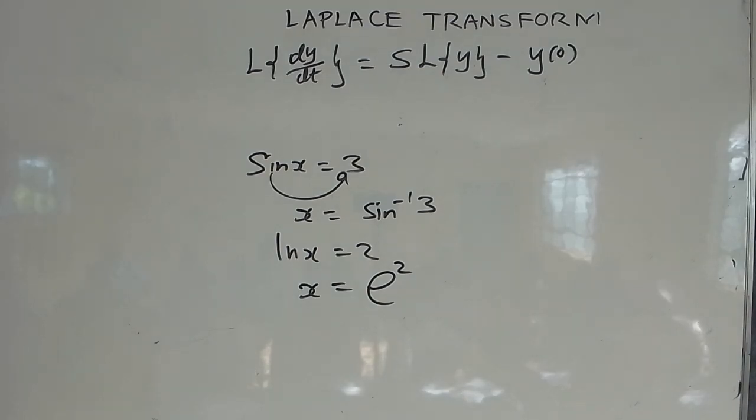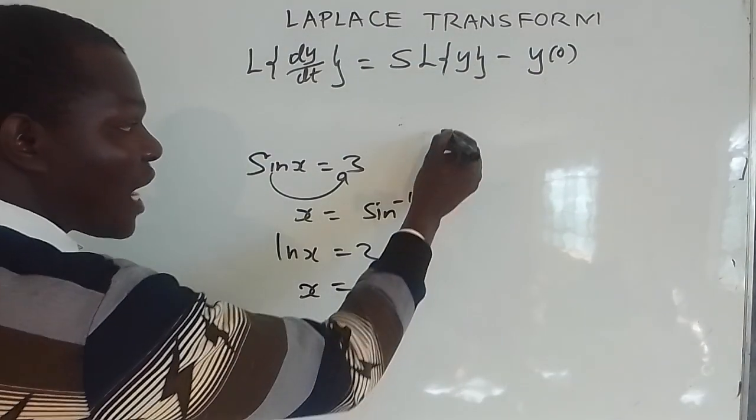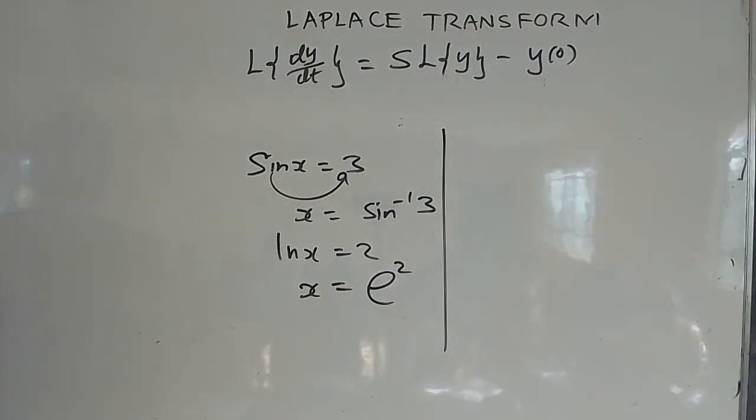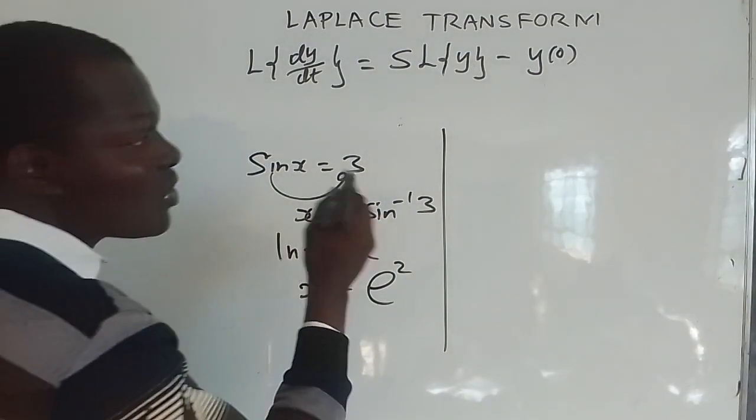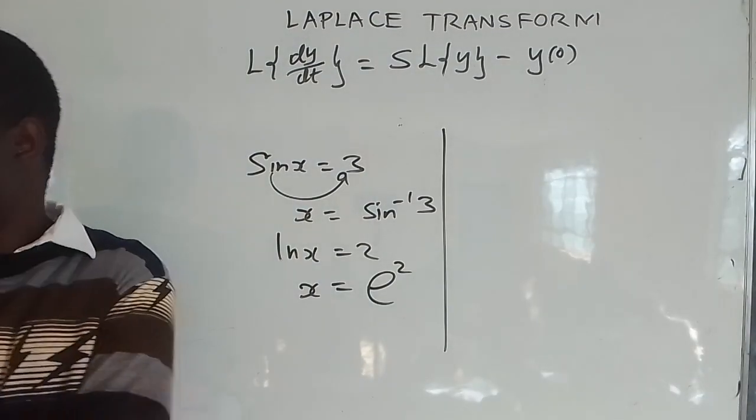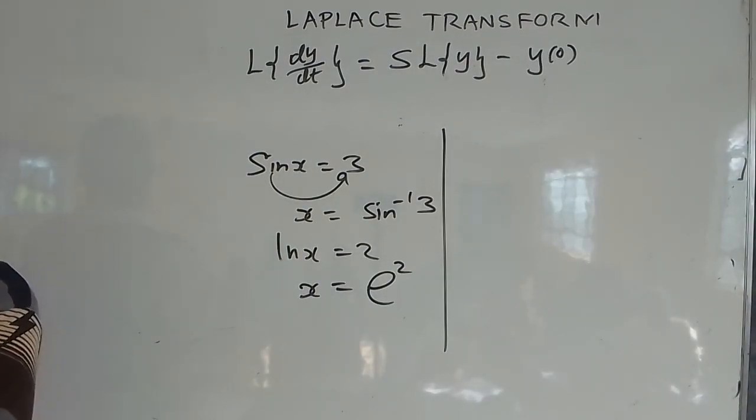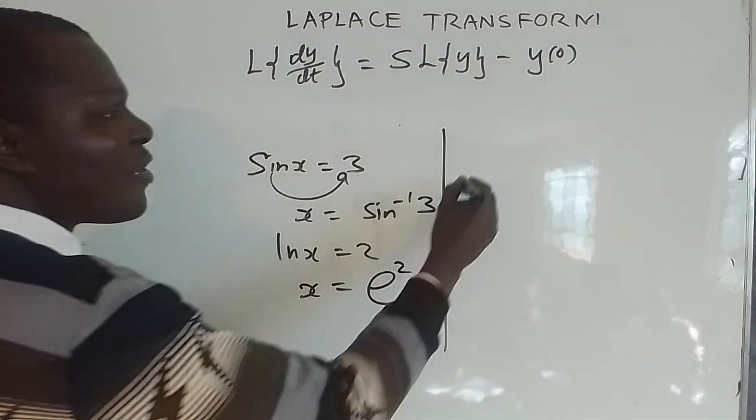That is the inverse of ln. It's an exponential function. Very important. So even when you are going to solve a differential equation with the D-factor, you will come across a linear first order differential equation. You will come across a part where you are looking for r.